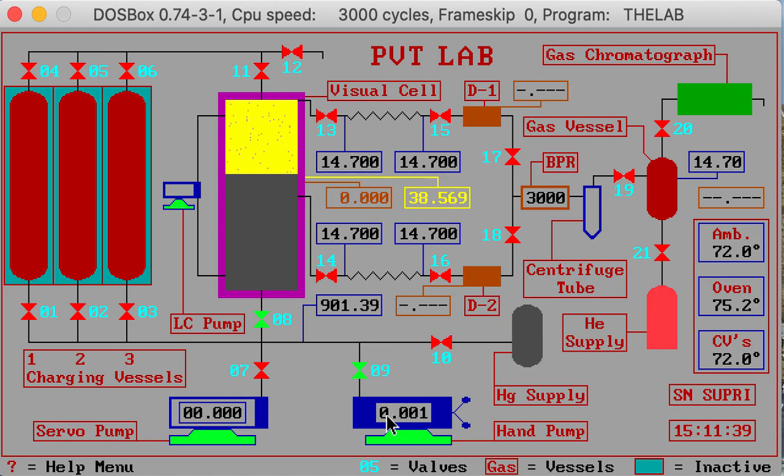And in some cases, if you need to inject more than 30 cc's of mercury into your visual cell, you can also get the mercury from the hand pump and inject it. Okay. So now we have all the information that we needed for this case at the temperature given. And in the next part, I'm going to show you how to plot this in Excel.